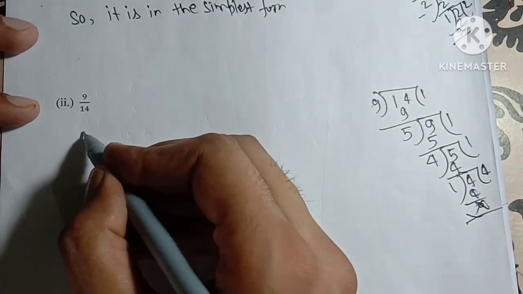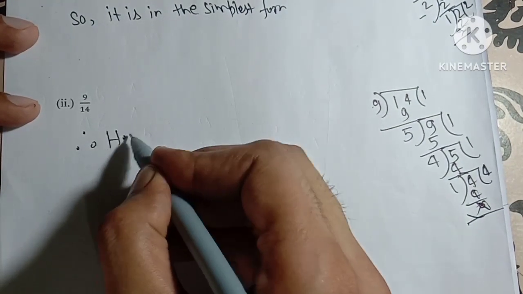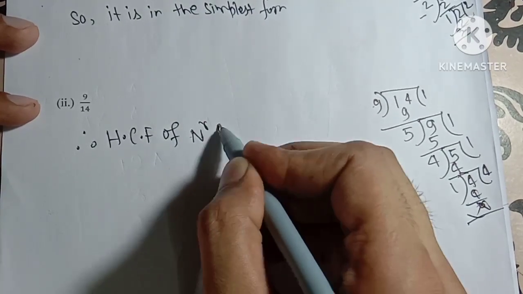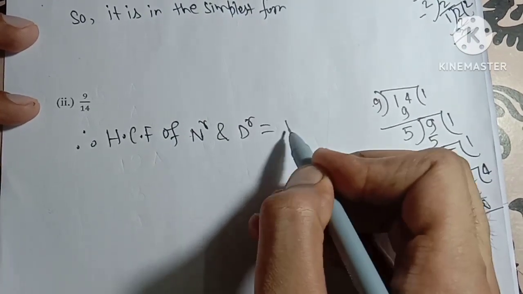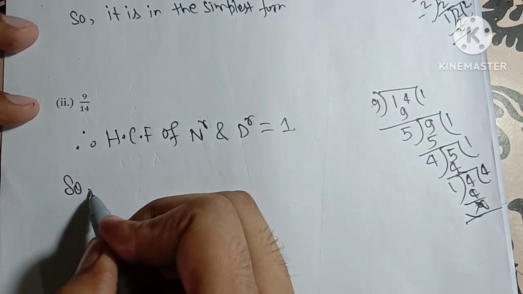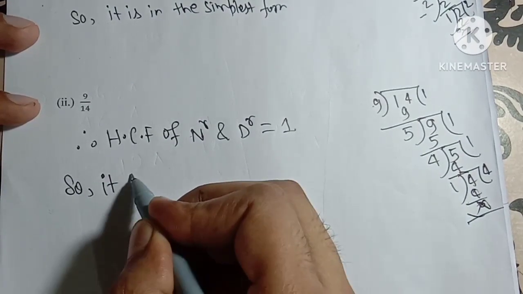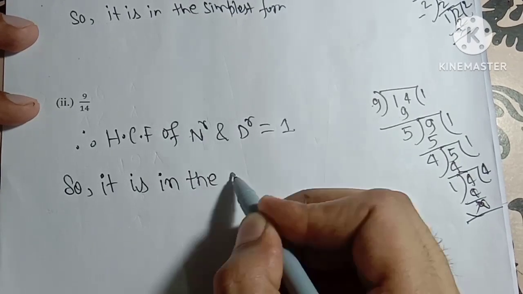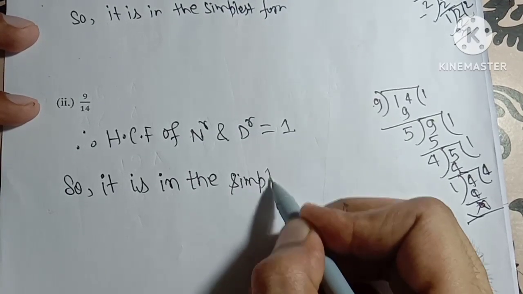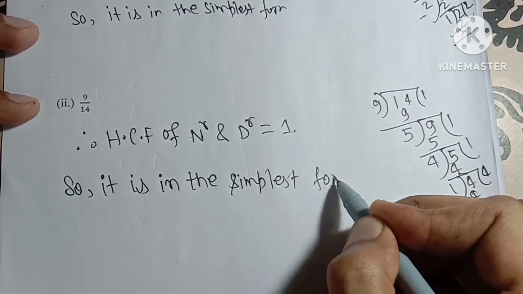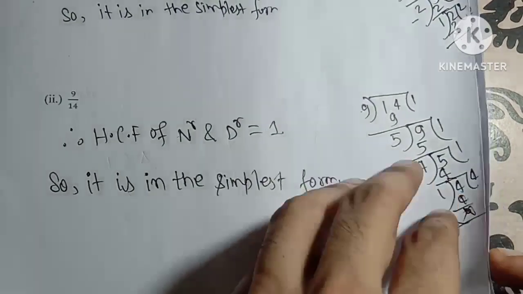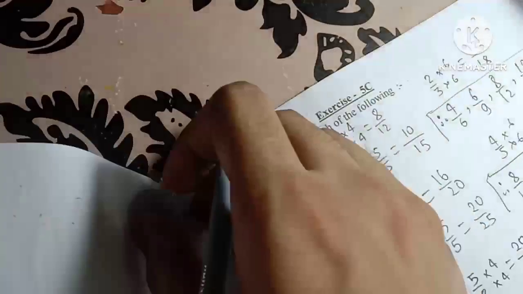That shows that therefore HCF of numerator and denominator is equal to 1, so it is in the simplest form. Remember, again, you have to do this calculation where you are solving, not on the back side, otherwise your marks will get deducted.